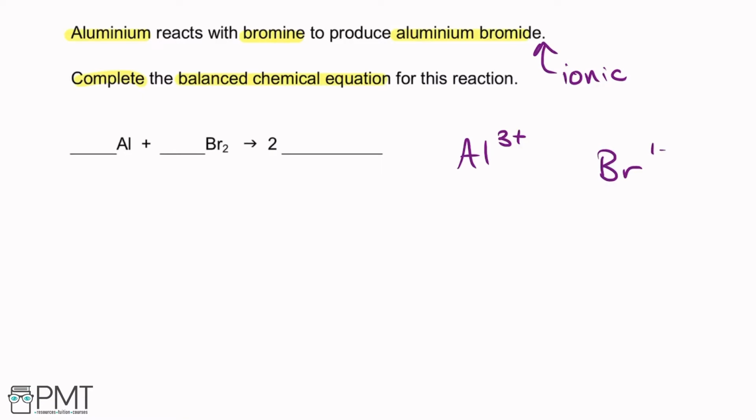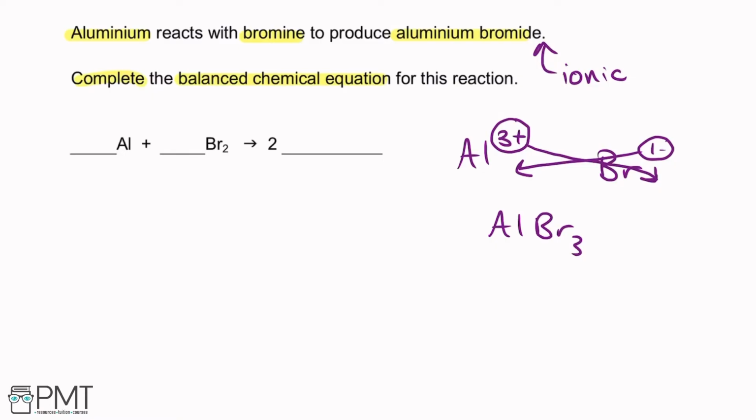Now, to figure out what sort of ionic compound it makes, we can do this little trick where we swap and drop the numbers. So we take this 3 down to the bromine, and we take this 1 down to the aluminium. And this gets us AlBr3, because we don't need to show that 1 next to the aluminium.